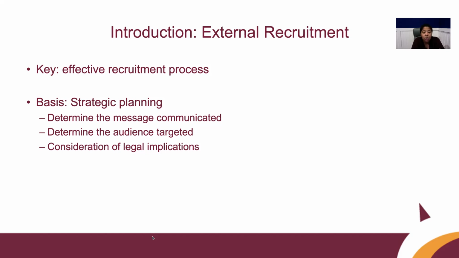And so that was really the purpose of having some of the exercises we had early on in the course, so that we were aware of some of those laws and regulations that we as human resource professionals have to follow. We always want to keep those in the forefront of our mind, as you are conducting this process of strategic planning.